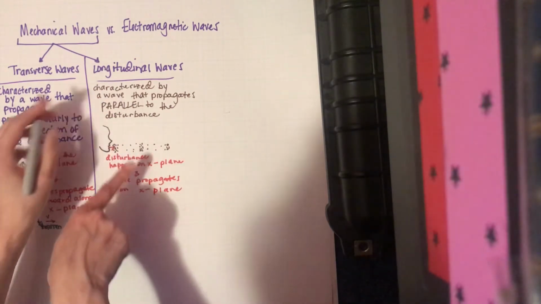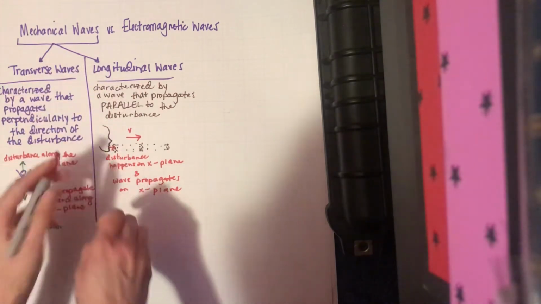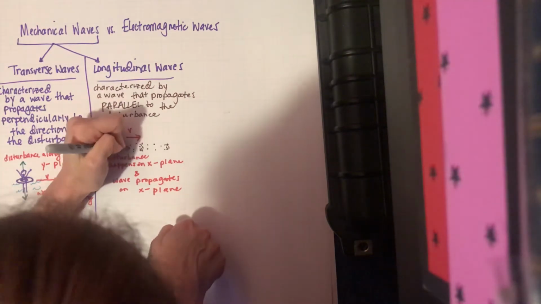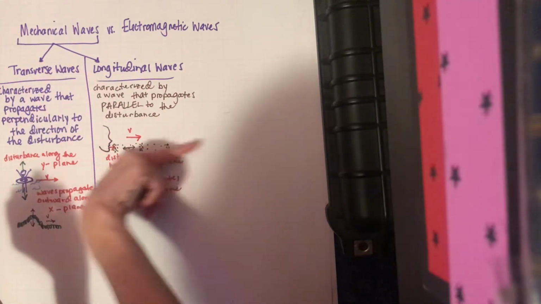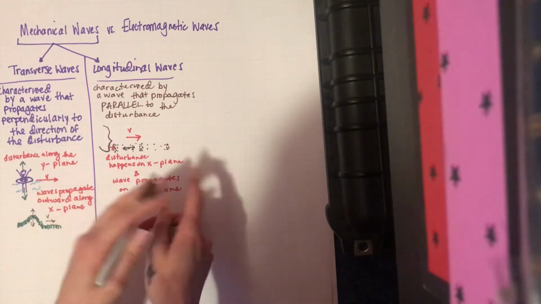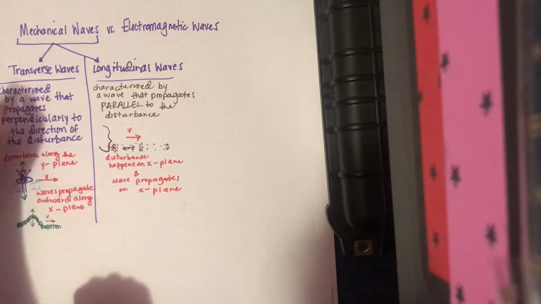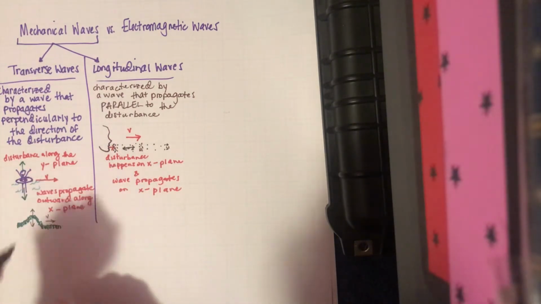So the wave is traveling in the same direction as the disturbance is happening. So these particles are oscillating back and forth along the x-plane, and the wave is traveling on the x-plane. Whereas with transverse waves, the oscillation is happening along the y-plane, but the wave is traveling along the x-plane.